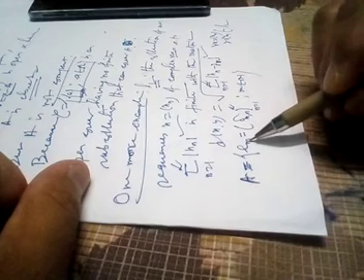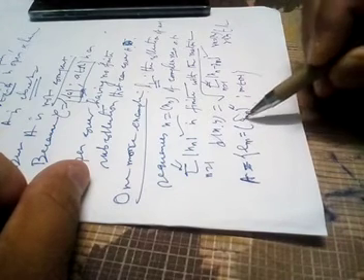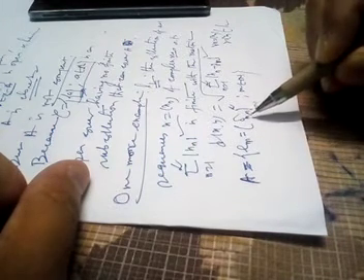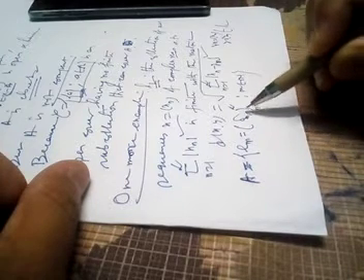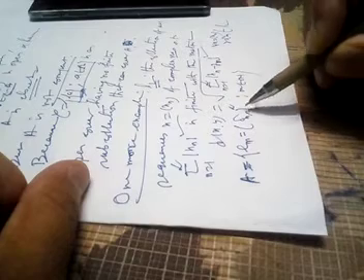And e1 means delta 1n. So if n is 1, then delta 11 is 1, and for other n it is 0.